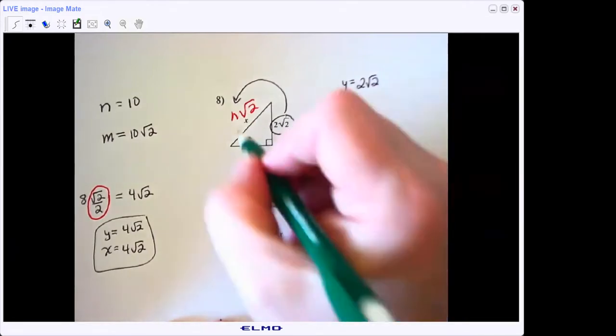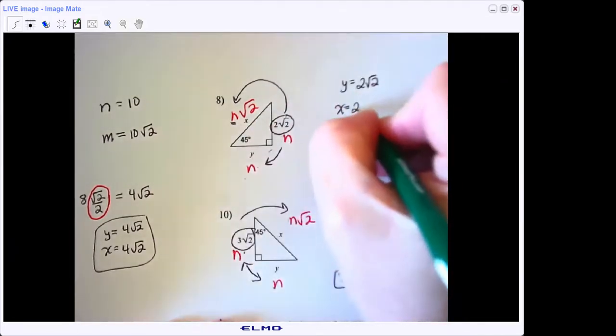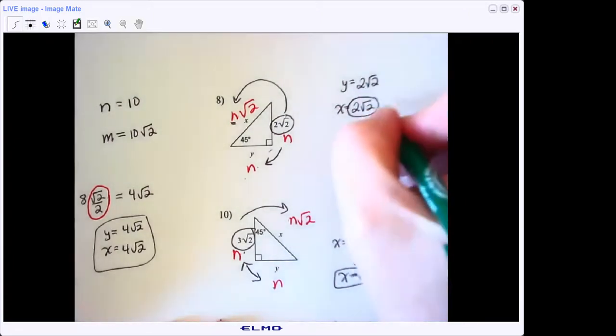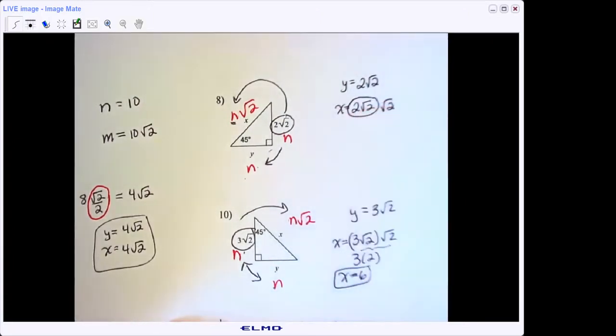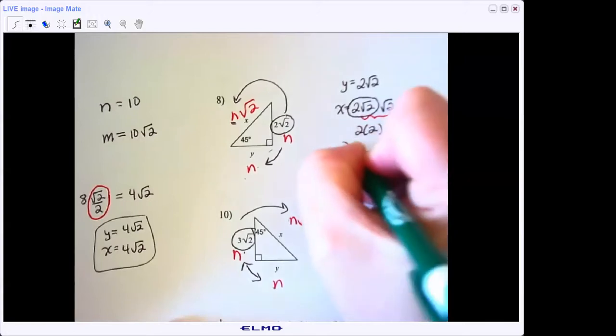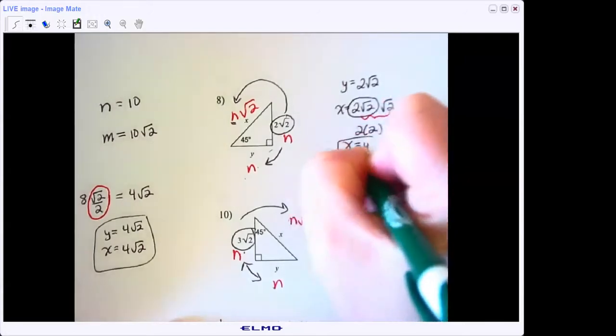So my n is 2 root 2. That was my n. I'm going to put a root 2 next to it. But what is root 2 times root 2? 2. So 2 times 2, x equals 4.